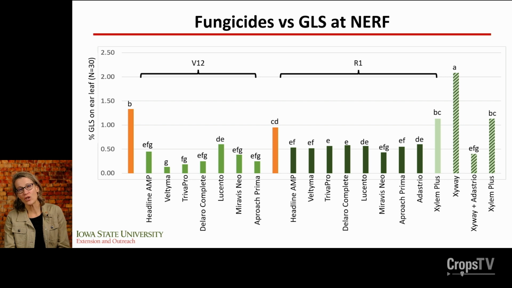At the Southeast Research Farm, we were looking at about 3% disease severity on those controls for gray leaf spot. And here at Nashua, we're looking at about 1% disease severity. But once again, even though low disease severity, you could maybe argue that V12 application was better for controlling gray leaf spot than that R1 application.